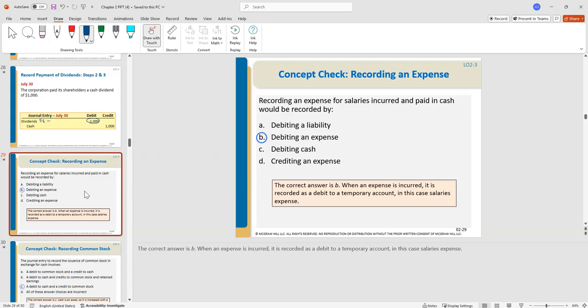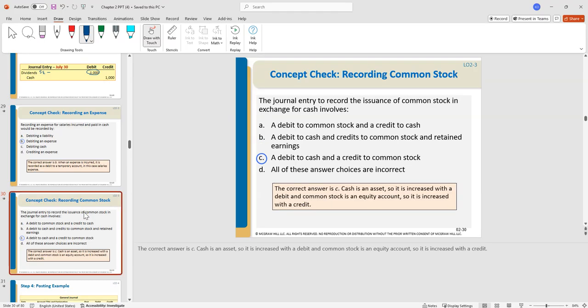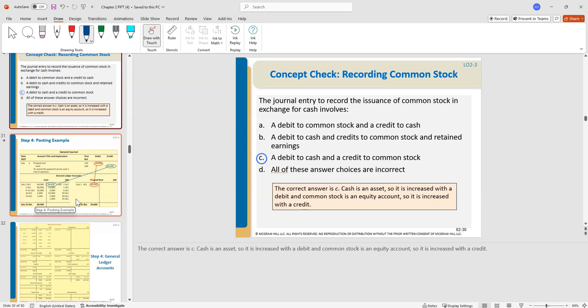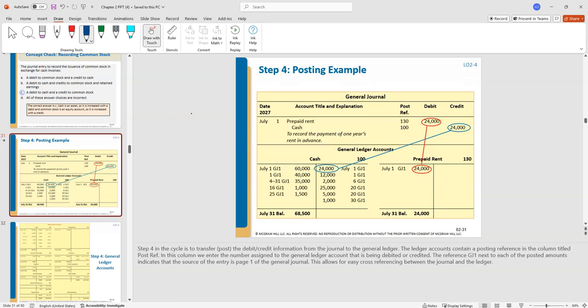You can look at these, right? If you incur a salary expense, you would do debit salary expense. If you issue stock, it would be debit cash, credit common stock. But for each one of those, A, B, C, D, each time we did one of those, we then have to post that journal entry, whatever we debited and credited, to the appropriate T accounts.